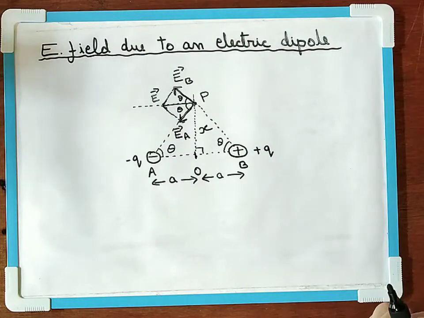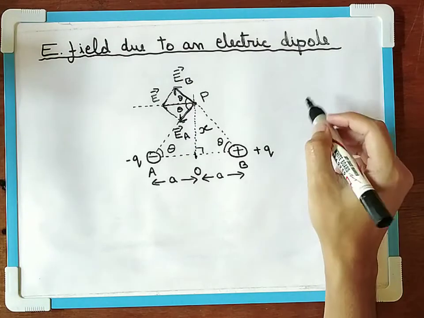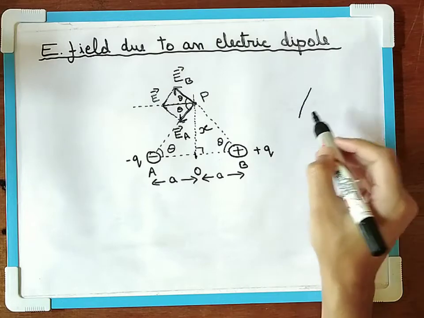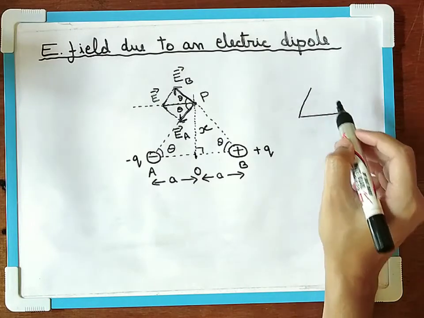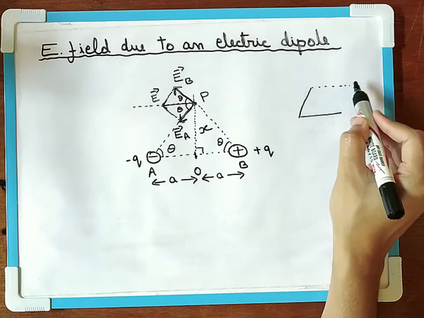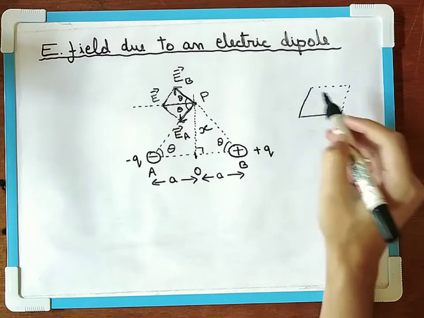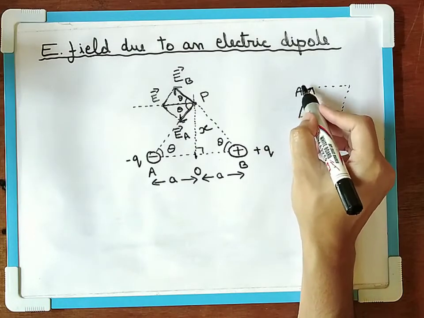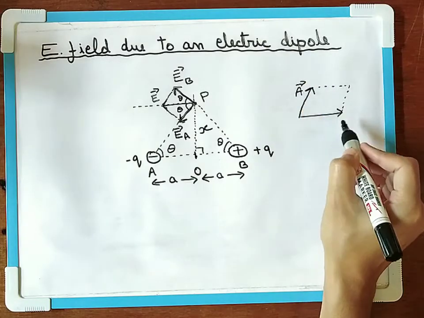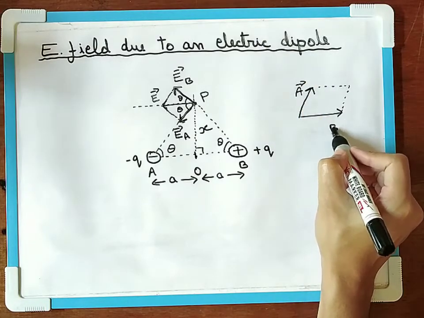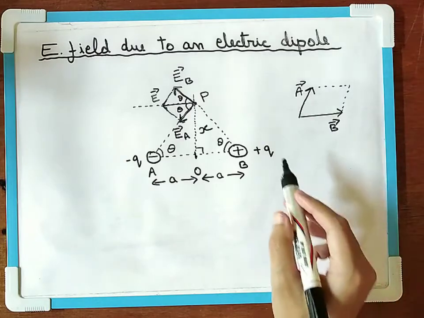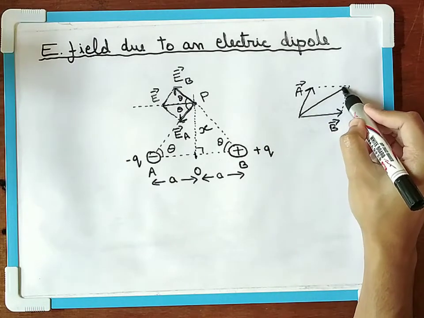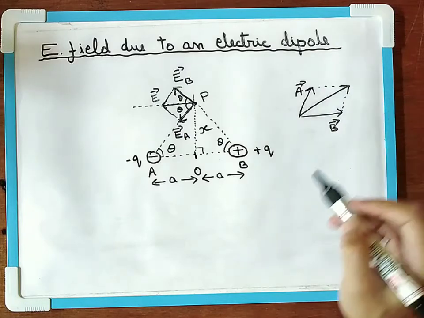Now, if we recall the parallelogram law of vector addition, if we have two vectors acting at a point, say one vector is A and another vector is B, acting at the same point, then the resultant is given by the diagonal of the parallelogram.